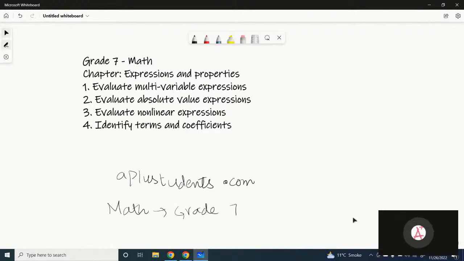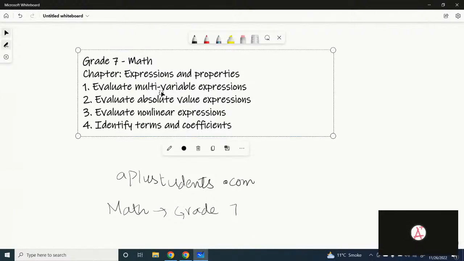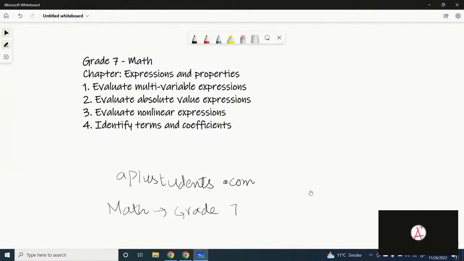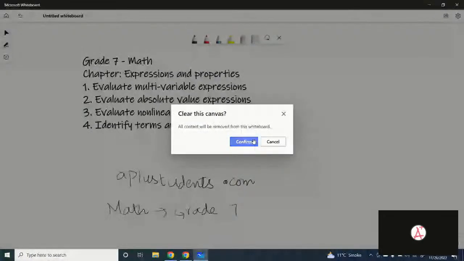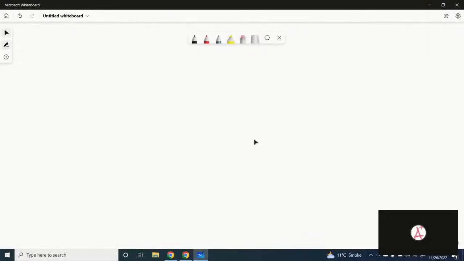Let me write down the lesson name on the board. Evaluate multivariable expressions.